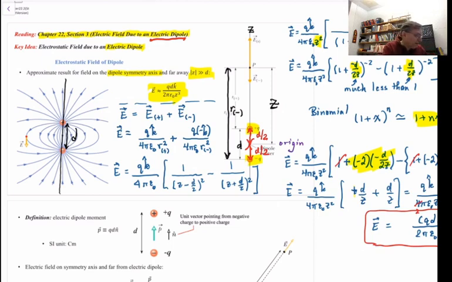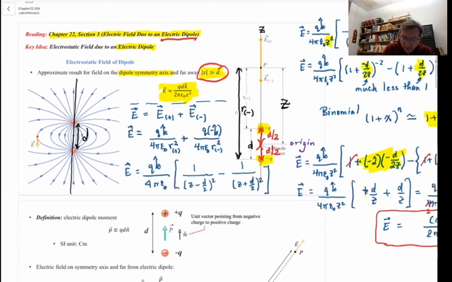So we have a formula for calculating the electric field on the symmetry axis of a dipole if we're in a place where the z coordinate of the point is much larger than the distance d between the points. And we will use that when that condition is true.